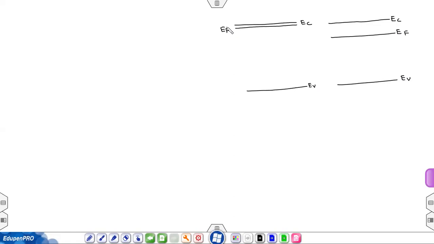Can you tell me qualitatively, not quantitatively, let's say this is A and this is B, which one has more electrons? A has more electrons. Absolutely right, A has more electrons than B.